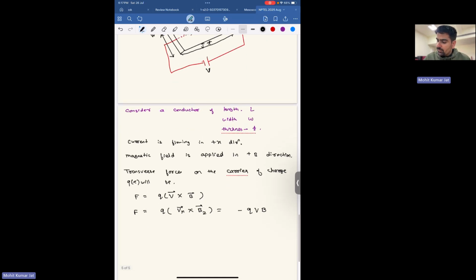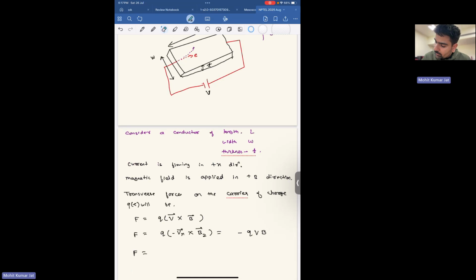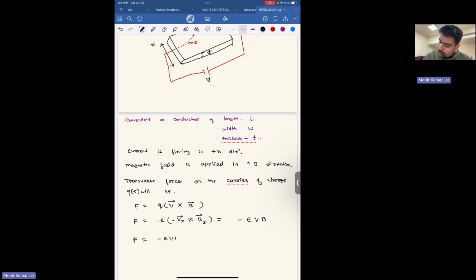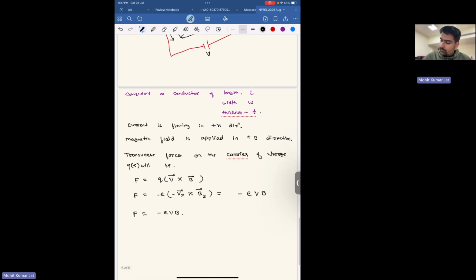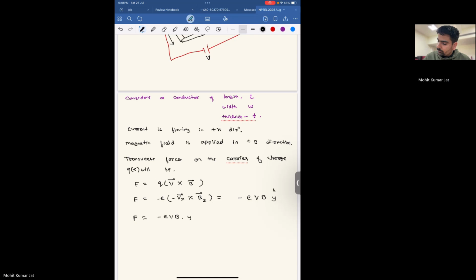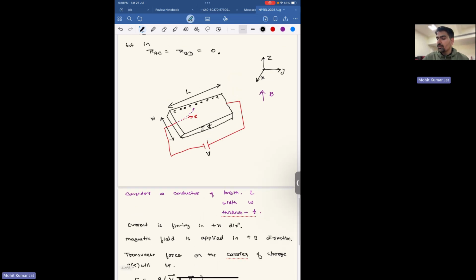If you put the direction, the Vx for the electron is minus X, and here you put your charge carrier minus e, that will give you minus Q, minus e V B. So carriers will be drifting in the minus Y direction, and electrons will be accumulated on this edge, which is minus Y.